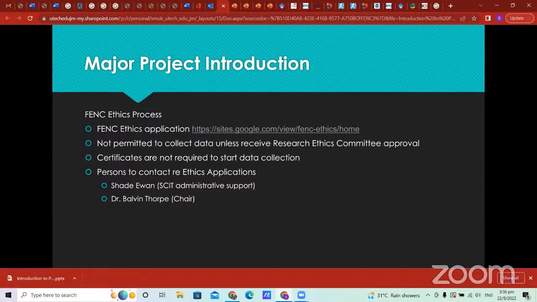You just need to get an email that says you've gotten approval, and you get the certificate in time. The people to contact are Shadi Yuan, who works in SCIT, and she's an admin support in SCIT. And Dr. Balvin Thorpe, he happens to be an engineer who is the current chair of the ethics application.